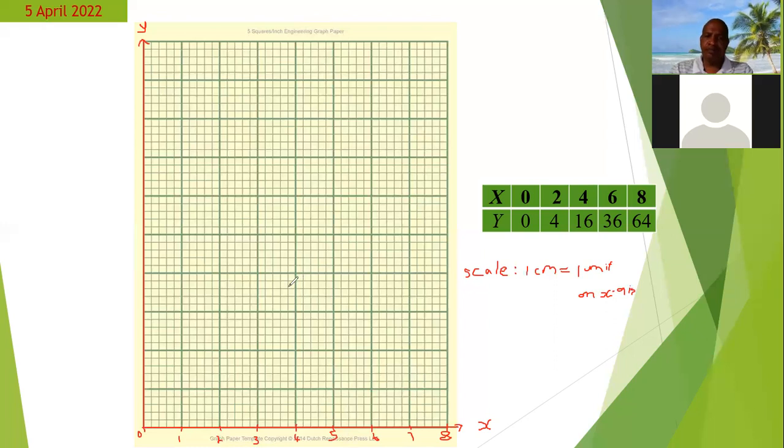All right, so for your y-axis now, when you're choosing your scale, you want to look at the table and see the range of values you have. For the y values, the range goes from 0 to 64. So on your y-axis, you want to put a scale that can accommodate the values from 0 up to 64.